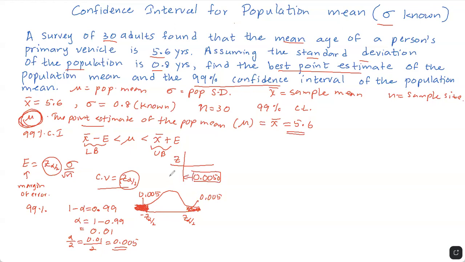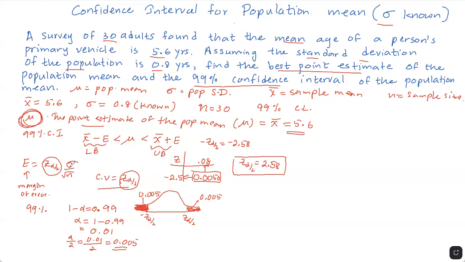So you will see the z-score value is negative 2.5 and the second decimal place is 8, like this. So that is your negative z alpha over 2 value equals negative 2.58. But you need the positive number as your critical value. So then z alpha over 2 equals 2.58.